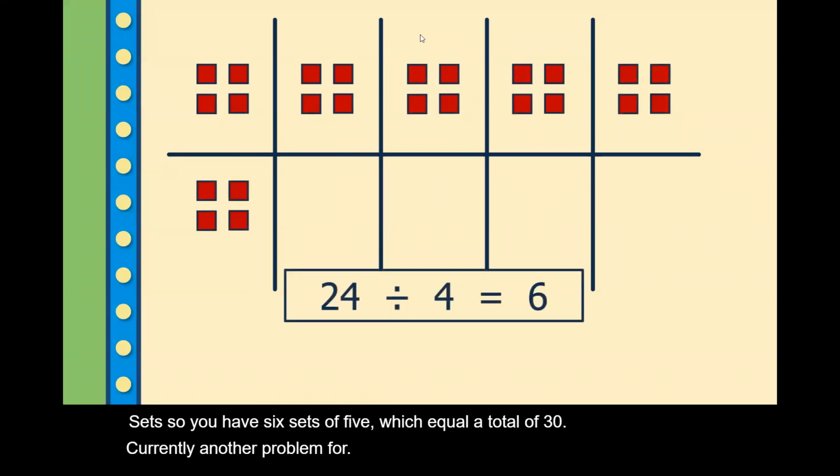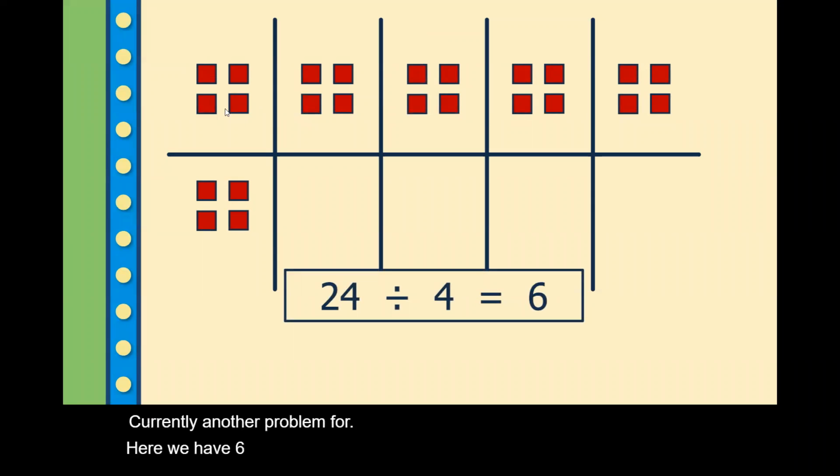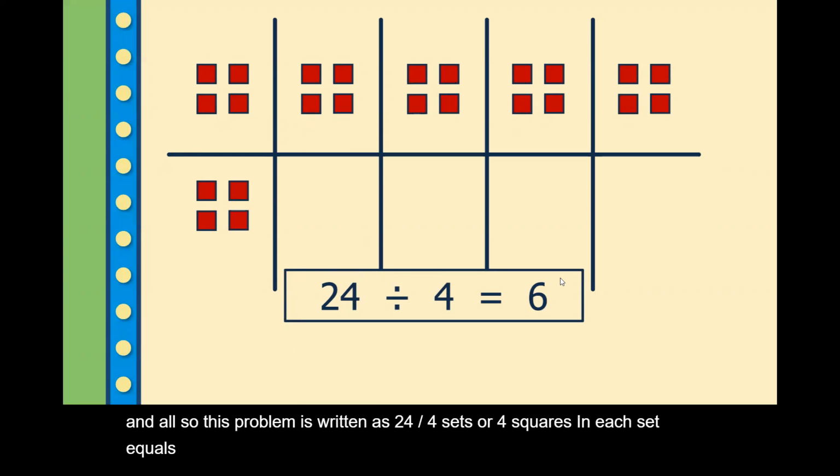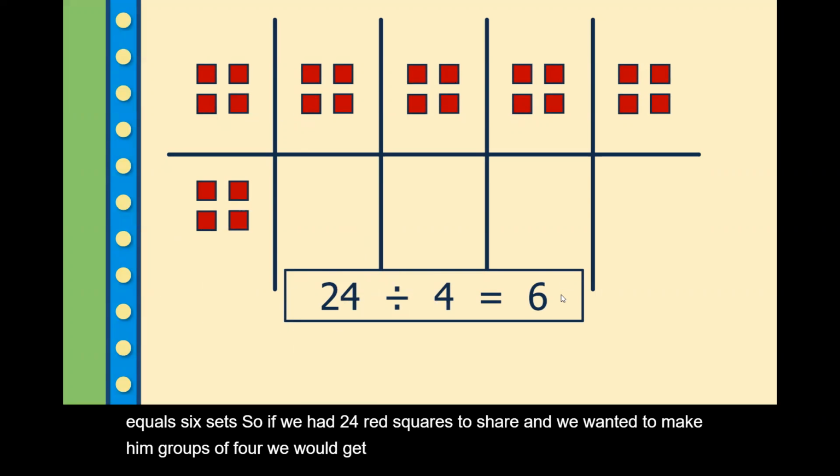Here we have 6 sets of 4 red squares in each set. We have a total of 24 in all. So this problem is written as 24 divided by 4 squares in each set equals 6 sets. If we had 24 red squares to share and we wanted to make groups of 4, we would get 6 groups of 4.